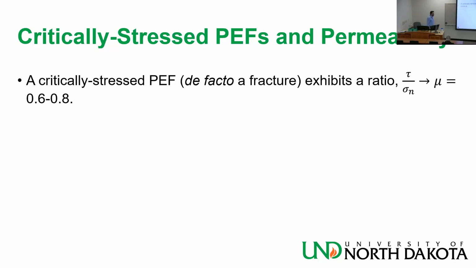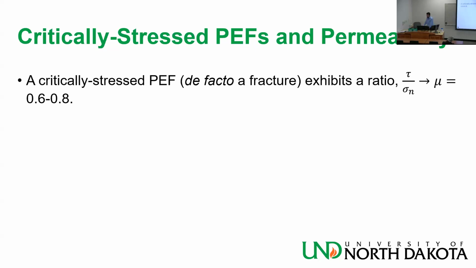But everything else, all the linear algebra stuff, it will be easier for the engineering side, harder for the geology side. Anyway, critically stressed pre-existing faults and permeability. A critically stressed pre-existing fault is basically a natural fracture which exhibits a ratio of tau over the normal stress of 0.6 to 0.8.